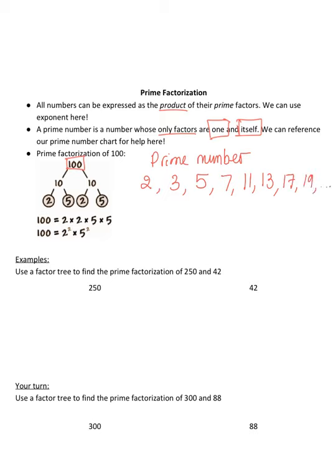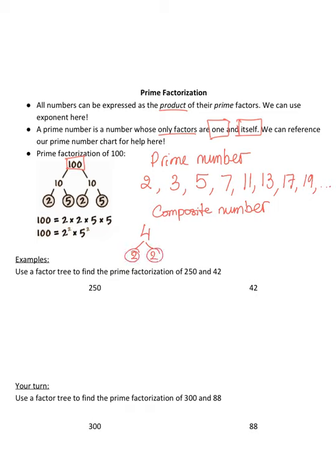Okay, a composite number is a number that you can still factor more until you get prime numbers. For example, 4. 4 is a composite number. Besides 1 and itself, it has 2 and 2.